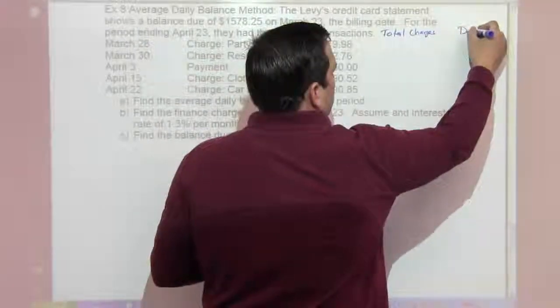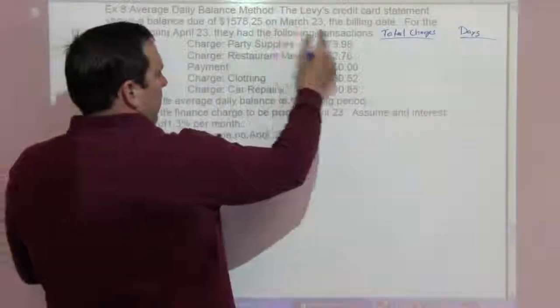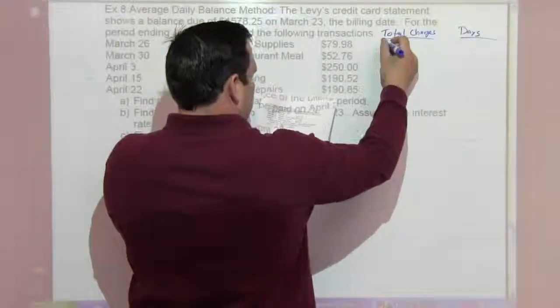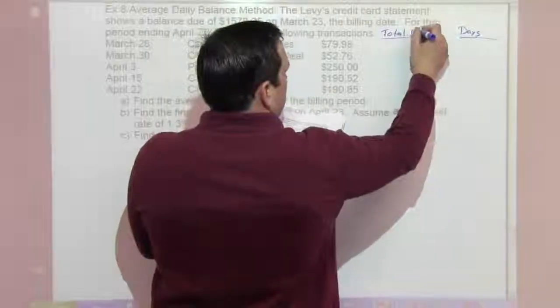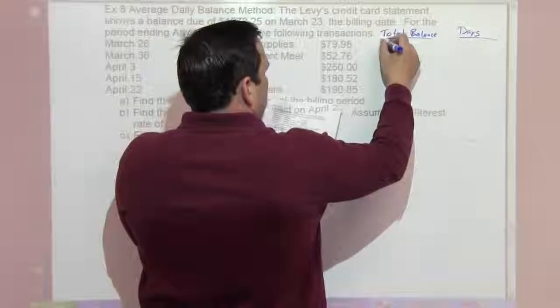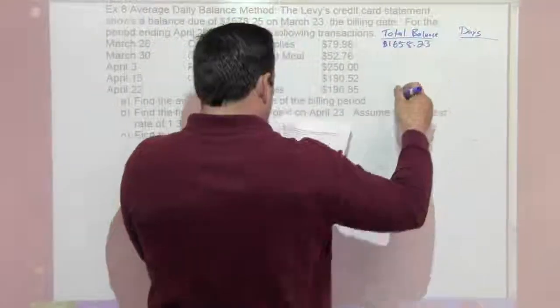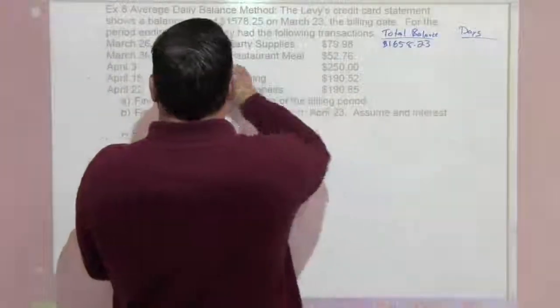And the days. So when we add the $79.98 to that balance, we have the total balance of $1,658.23, and that was for 3 days.